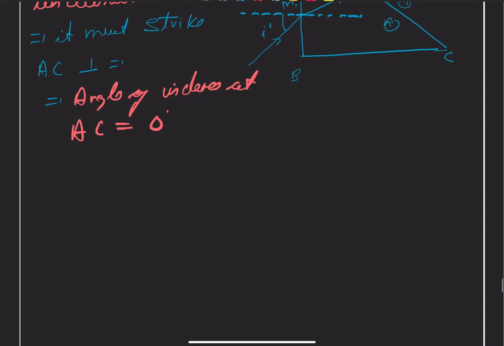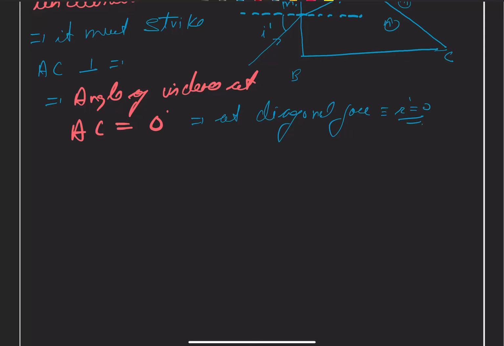Therefore, if the angle of incidence at AC is equal to 0, we can also say the angle of refraction should be equal to 0. So at the diagonal face, R prime should also be equal to 0.